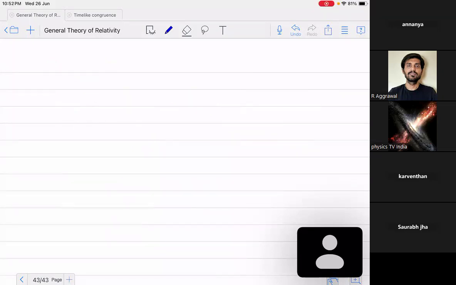This is tensor calculus, because we only discussed tensor algebra: what a tensor is, what the type of a tensor is, how we can add tensors, how we can multiply one tensor with another, and what the properties of symmetric and antisymmetric tensors are. But we don't know how to differentiate, or how differentiation is used in tensor analysis. So this is known as tensor calculus.